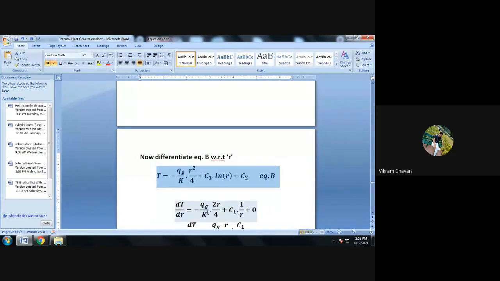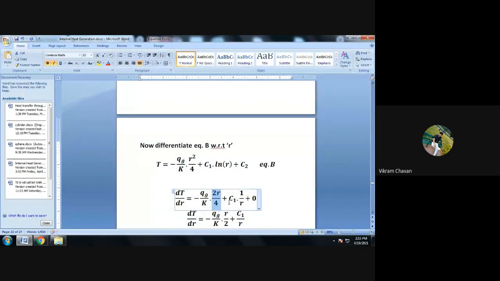We keep this particular term as it is. Differentiation of r square divided by 4 will become 2r divided by 4. Differentiation of r square is 2r. So we will get 2r divided by 4 plus differentiation of ln of r.